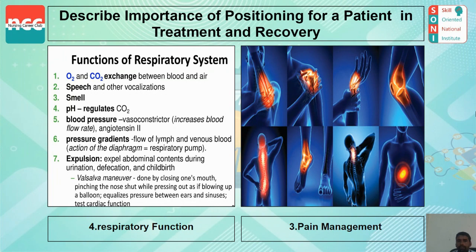And blood pressure. Vasoconstrictor, angiotensin, pressure gradients, flow of lymph and venous blood, expulsion, expelling abdominal contents during urination, defecation, and childbirth.